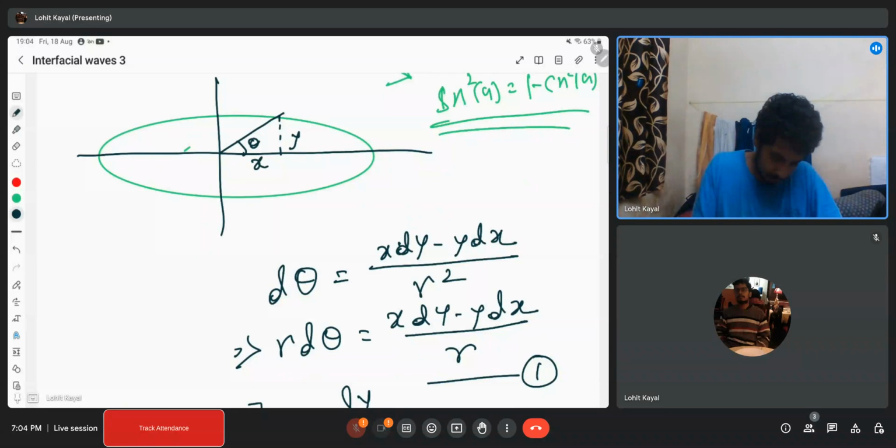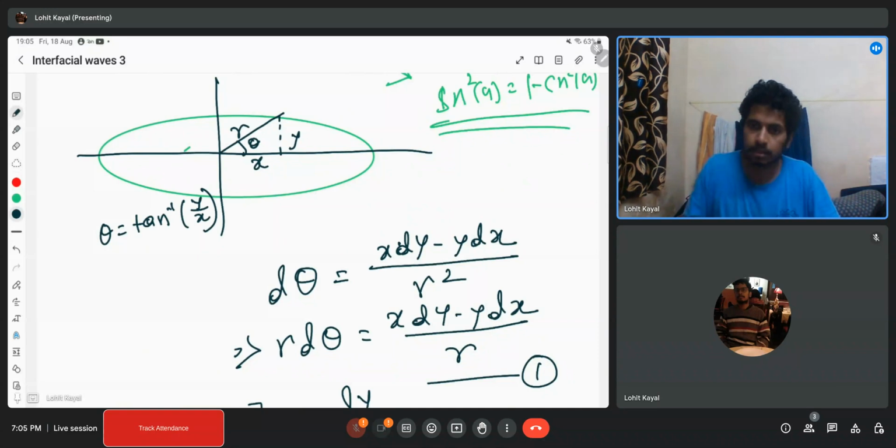Theta, x, y, and this is r. Okay, so from this we can say, what is theta? First of all, theta equal to tan inverse y over x. This is true, right? This is coming from our basic idea of trigonometry.